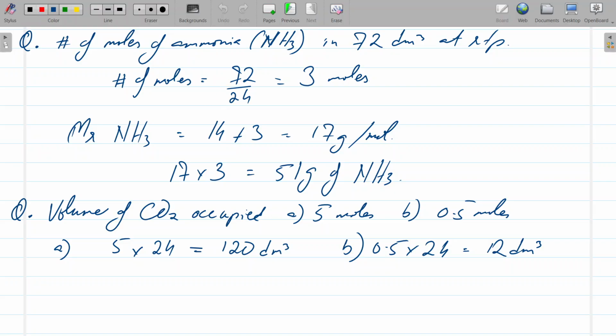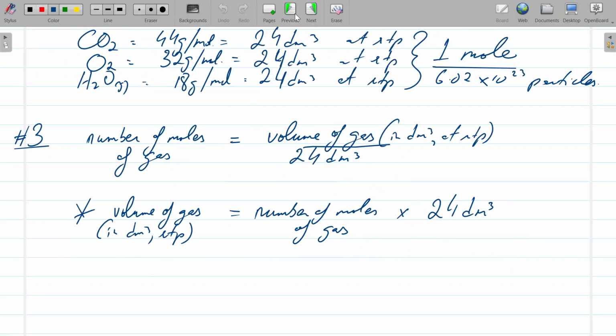And that is called Avogadro's law, right? That equal volumes of all gases measured at the same temperature and pressure must contain the same number of molecules. Avogadro's law.